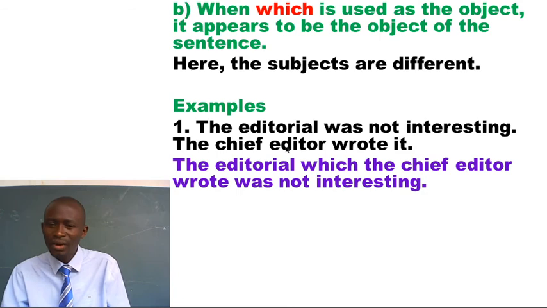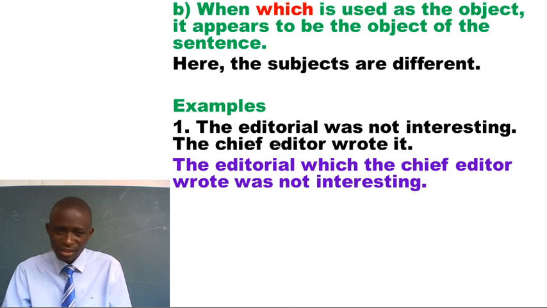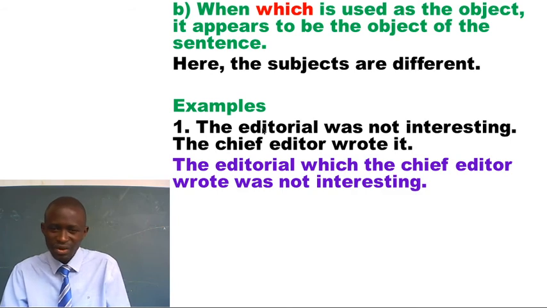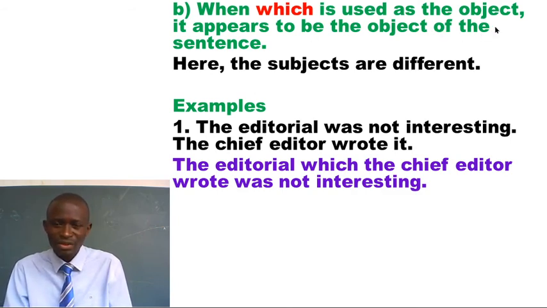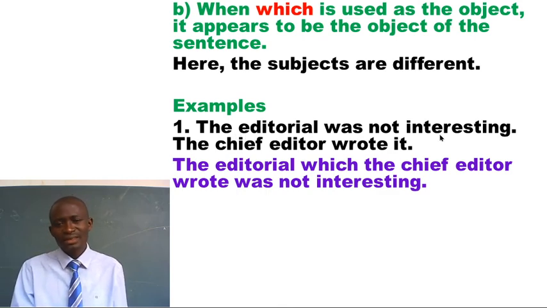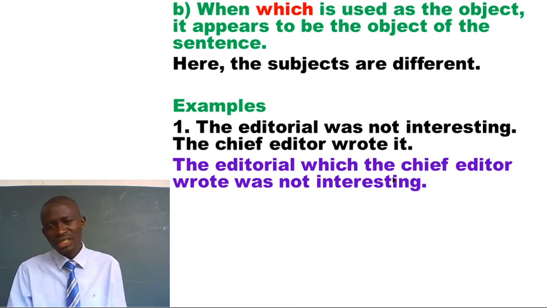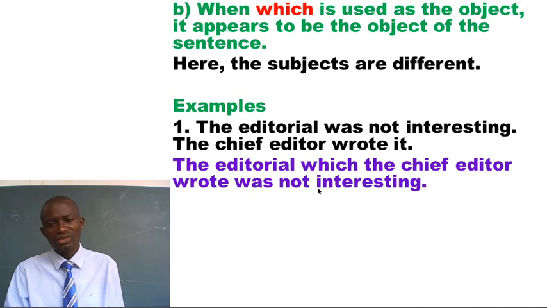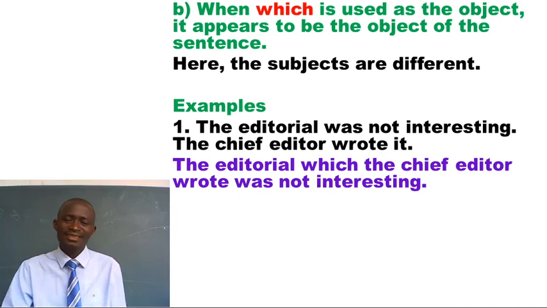The chief editor is our doer, and therefore becomes the subject, but the object is the editorial. If it is used as an object, then it appears to be the object of the sentence. So the answer will be, the editorial which the chief editor wrote was not interesting. That is the answer, dear friends.